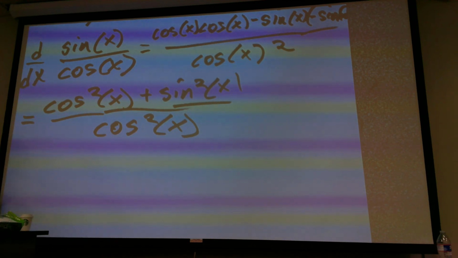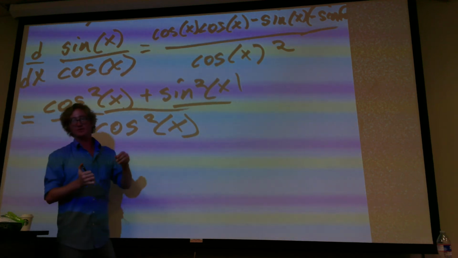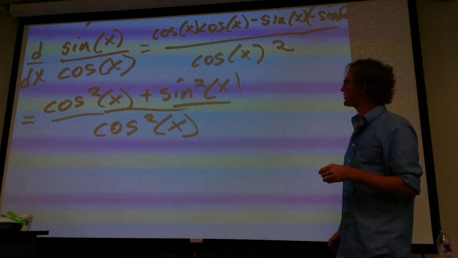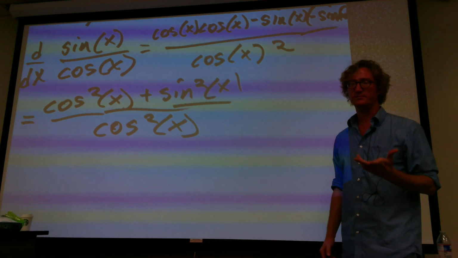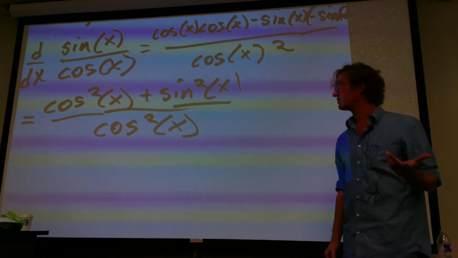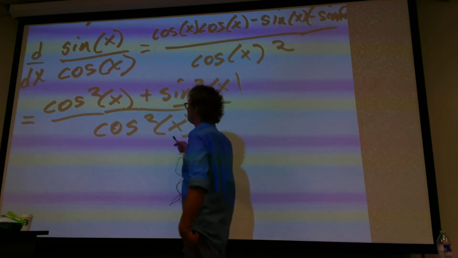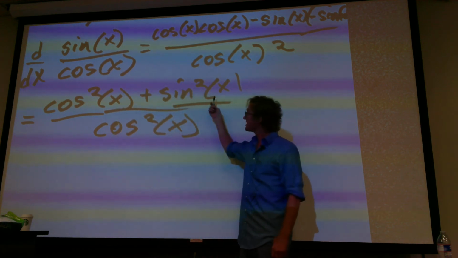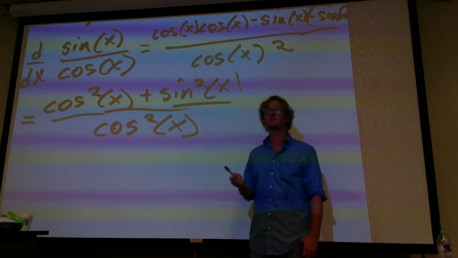Now this is when you need to remember your trigonometric identities. Mainly, that sine squared plus cosine squared equals 1. There's actually another way to think about this problem. If I broke this into fractions, cosine squared divided by cosine squared would be 1. Sine squared divided by cosine squared would be tangent squared.